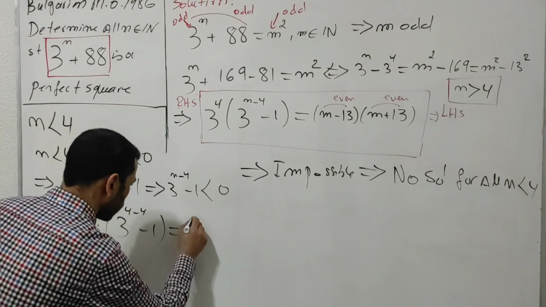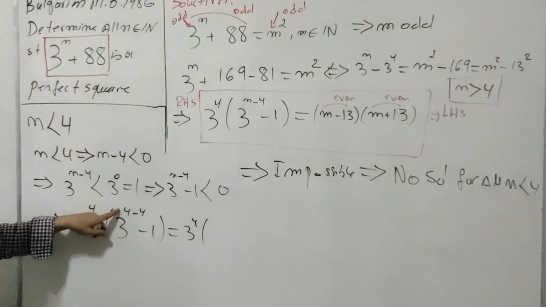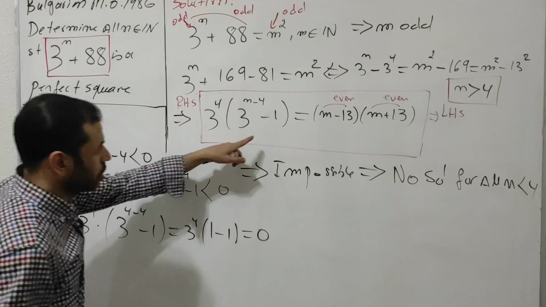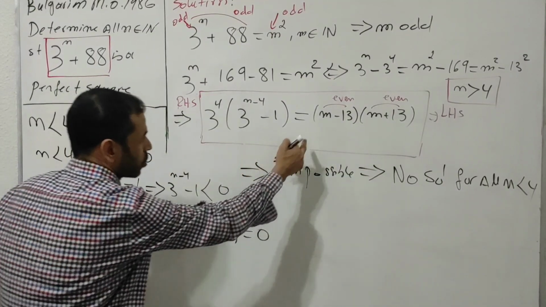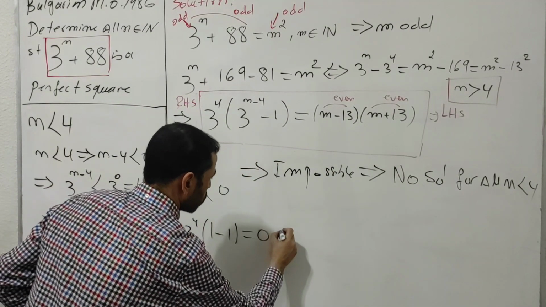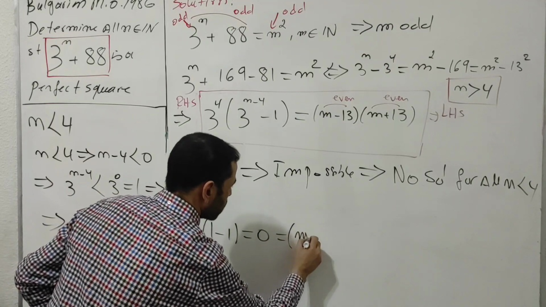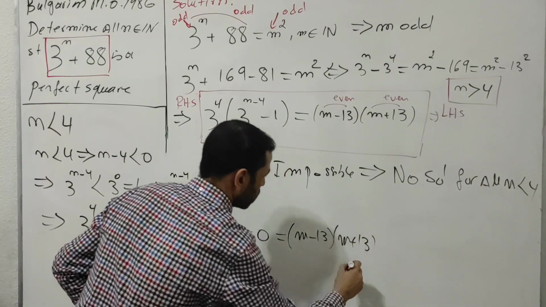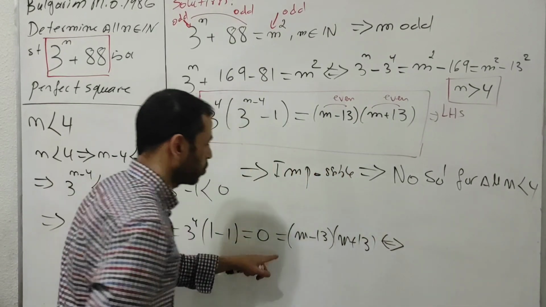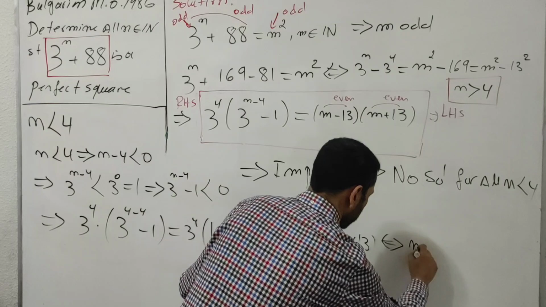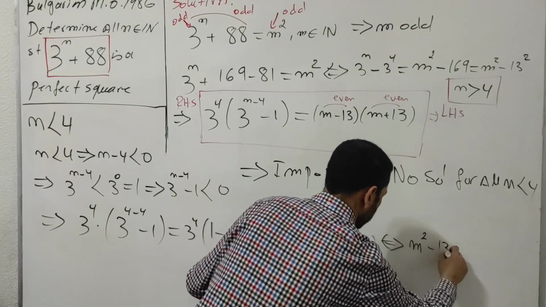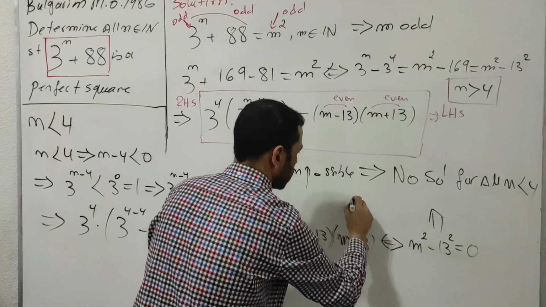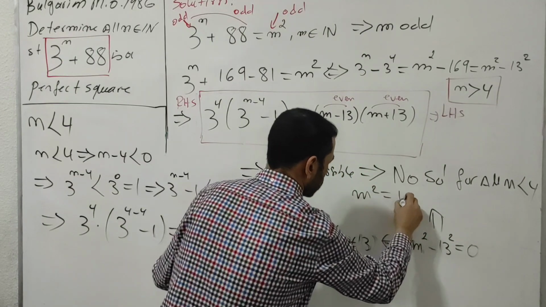This one is giving me 3 to the 4th multiplied by 1 minus 1, which equals 0. This equals the term on the right hand side of this expression, m minus 13 multiplied by m plus 13. I'm going to distribute this one. This is giving me m squared minus 13 squared equals 0. This gives me m squared equals 13 squared.